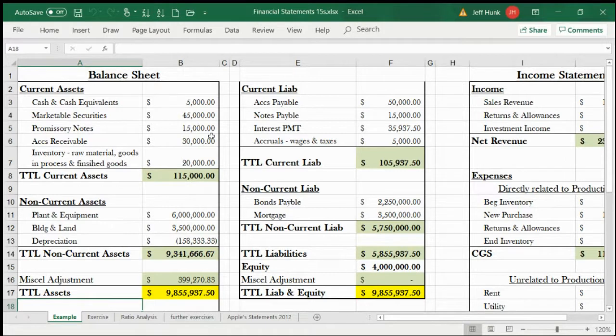Now, I've also been telling you that liabilities and equity are not necessarily a different thing from assets, right? I've been telling you they are two sides of the same coin. Now, let's first define what an asset is.